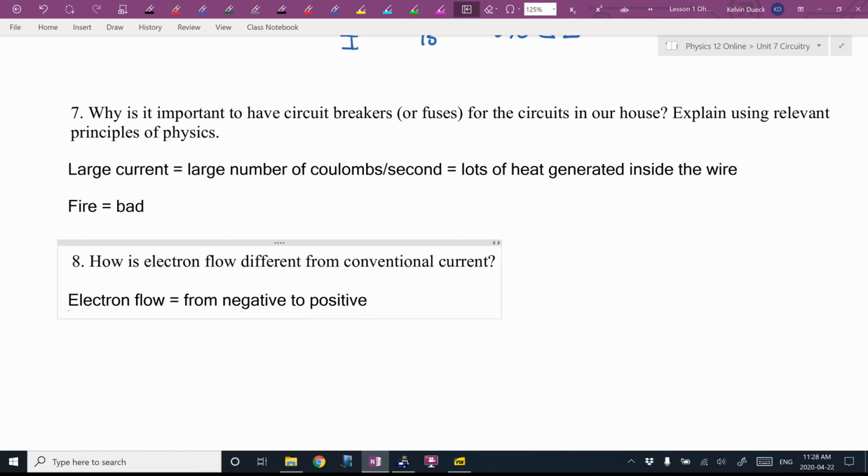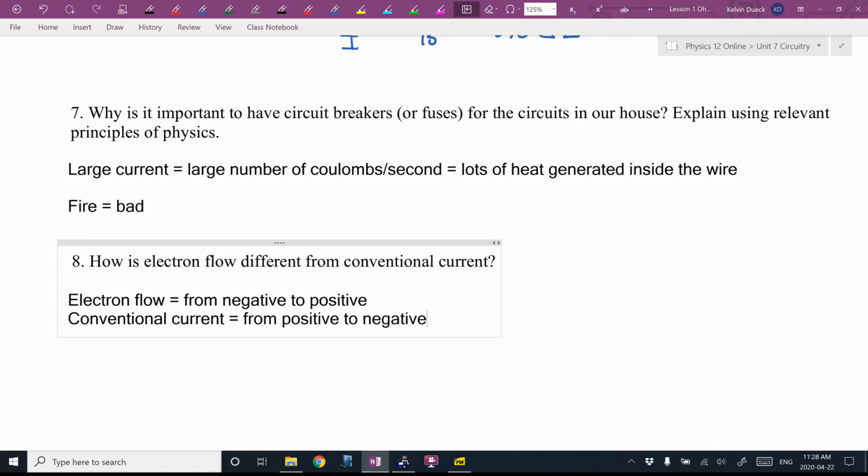The problem is it's much more mathematically convenient to think that conventional current, or just plain old current, that's from positive to negative.